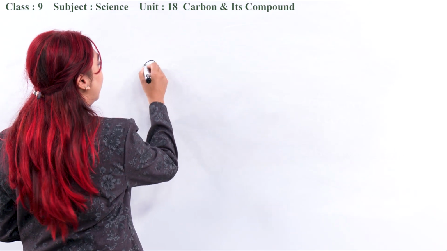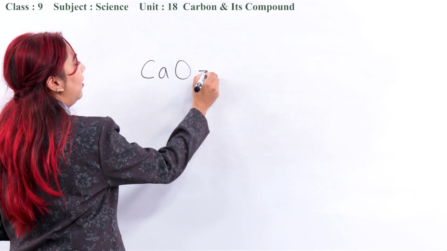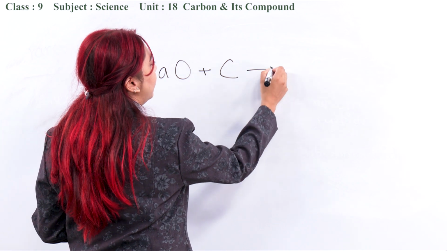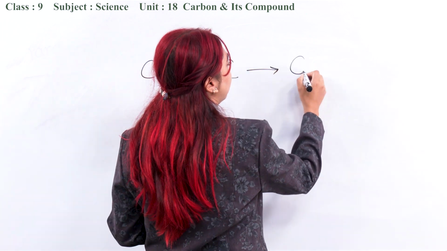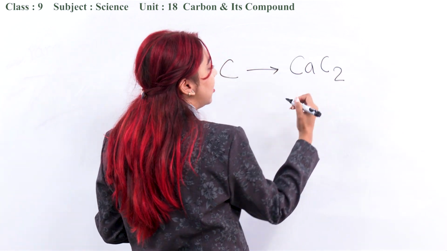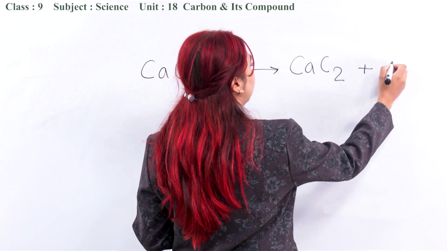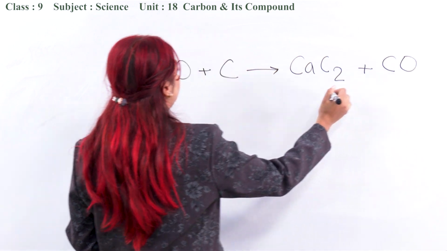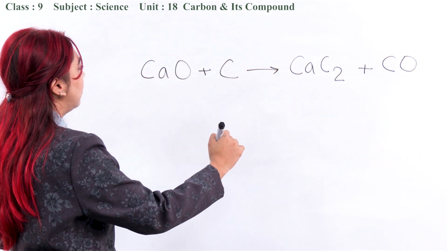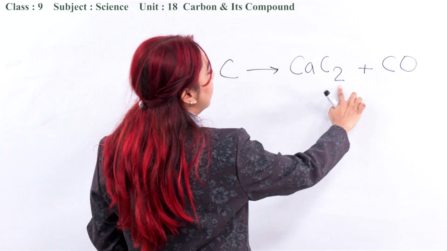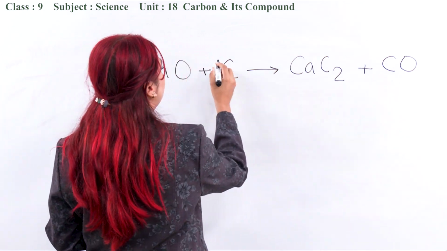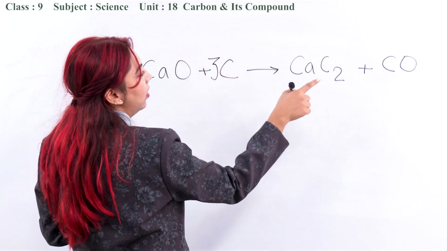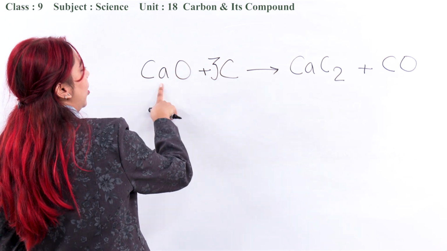Now, when lime reacts with carbon, it gives us calcium carbide and carbon monoxide. Now this reaction is not balanced. Here you have 3 carbon, so 3, oxygen 1, calcium 1.